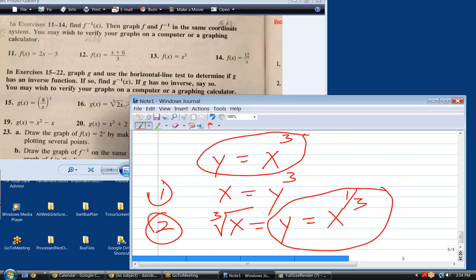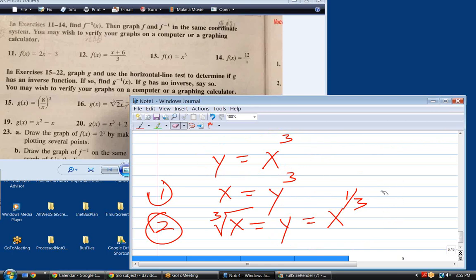Or if I have 8 equals 2 cubed, and I want to undo that, I'm going to take the cube root of 8, which is 2, to get back to my starting point. Now, you don't actually have to use that logic very often, but it's worth knowing. That's what inverse functions do, they undo what the function was doing.